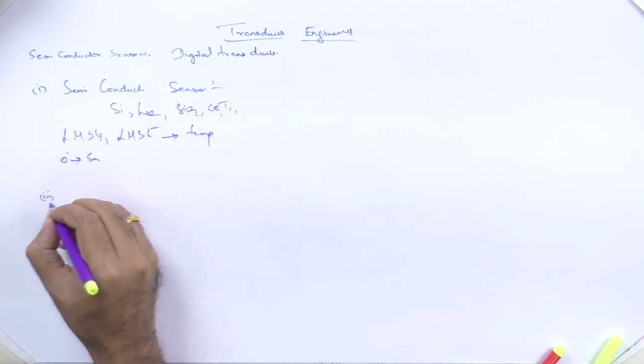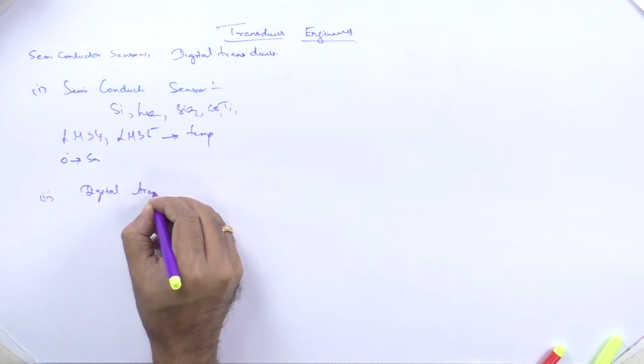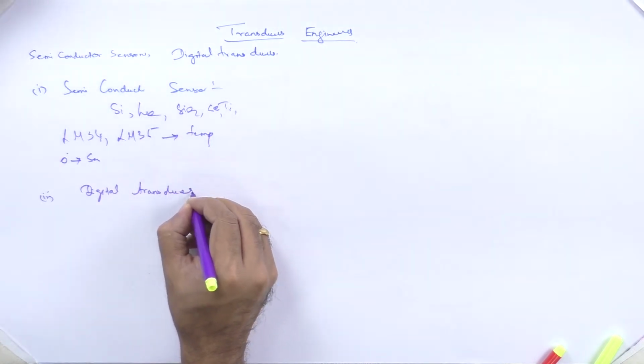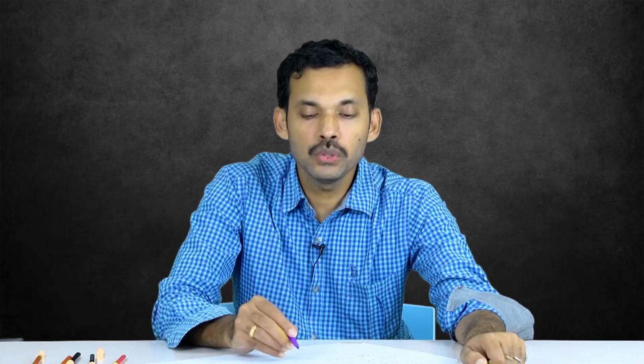The next one comes as a digital transducer. The digital transducer, as the name implies, gives an output which is directly digital in nature and not an analog output. So when we get a digital output, we don't need a data acquisition system with an ADC, the analog to digital conversion mechanism.